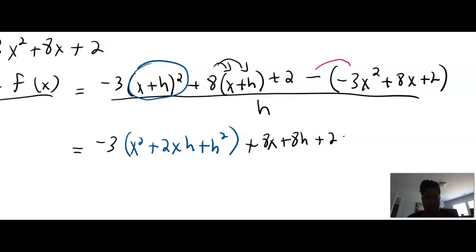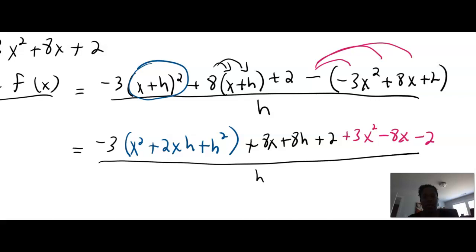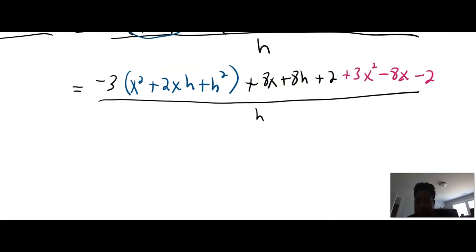A negative times a negative is a positive 3x squared. Negative times positive is negative 8x, and negative times this positive here would be a negative 2. And we want to divide everything by h and keep simplifying.